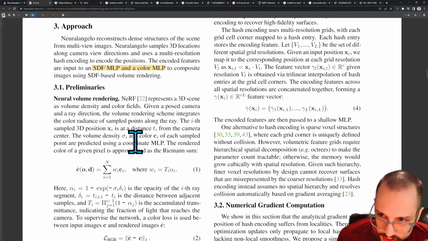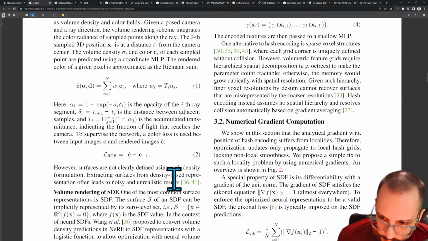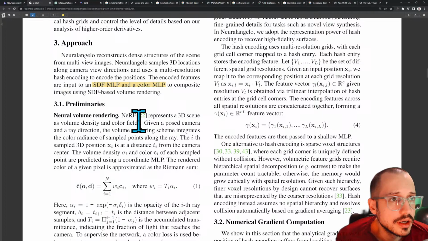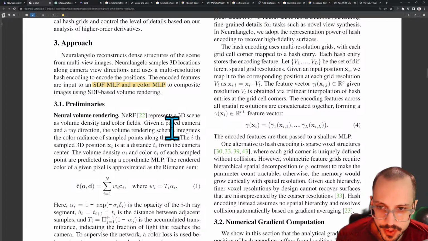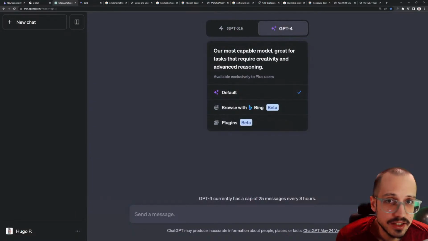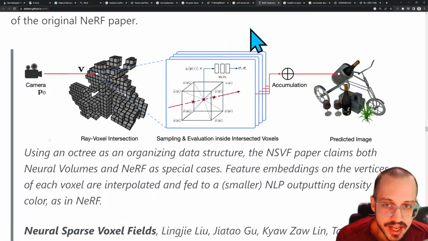Okay, preliminaries, NeRFs. So let's see how good their explanation of a NeRF is. NeRF represents a 3D scene as a volume density and color fields along camera view direction, meaning we get some kind of camera coords when taking photos. Yes, probably. So the NeRF itself requires the actual view direction.